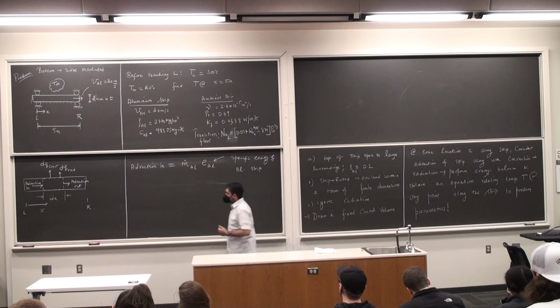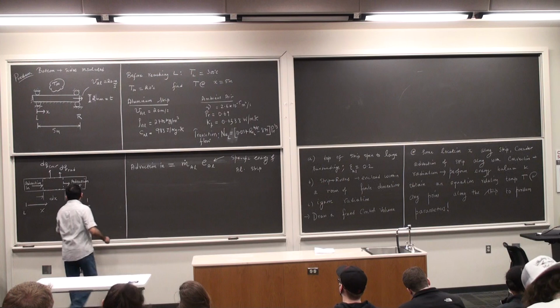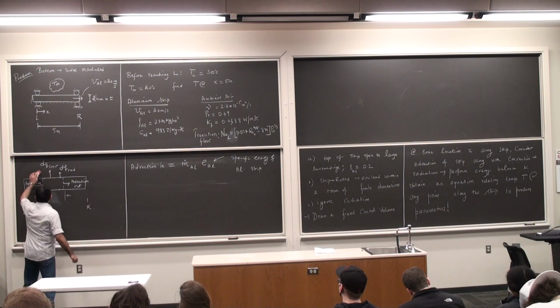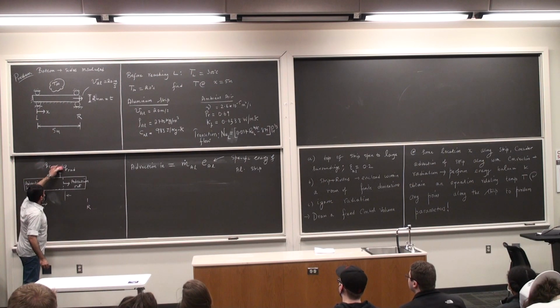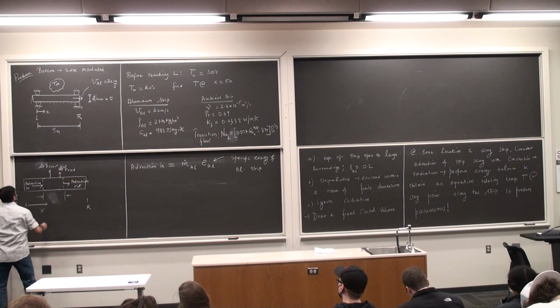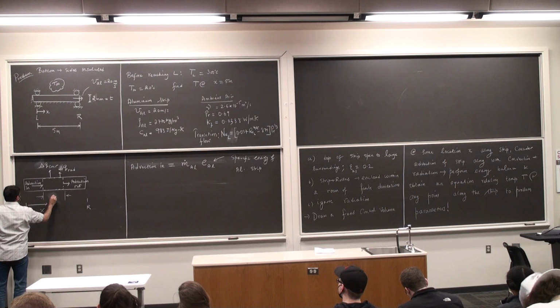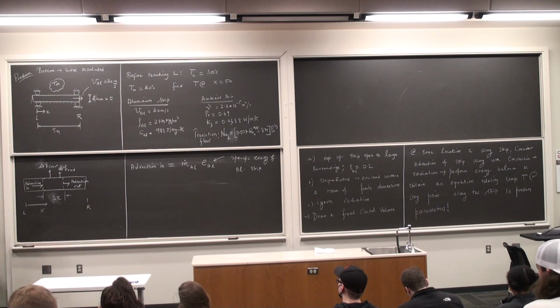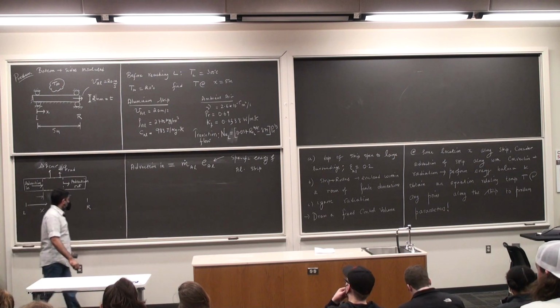Advection out is just the variation of this one. So let's call this delta x for convenience. You can call all of these delta q and so on. It does not really matter, but you can leave it as dq if you would like. Delta x, some finite region of the strip.